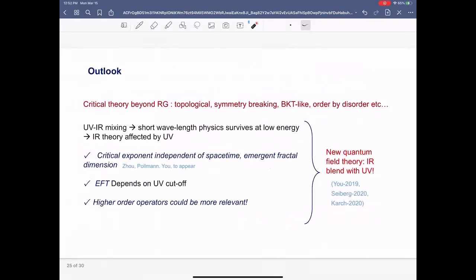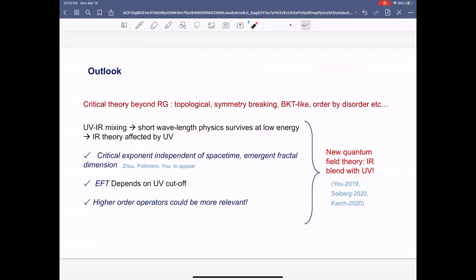And finally, as a take-home note, from this example we can have an outlook which implies that there are a large number of new types of phase transition that are beyond renormalization. Today we talked about a special type of topological phase transition, but we can expect there are a large number of spontaneous symmetry breaking phase transitions, BKT-like transitions, and order by disorder phase transitions that do not fit into the renormalization paradigm.